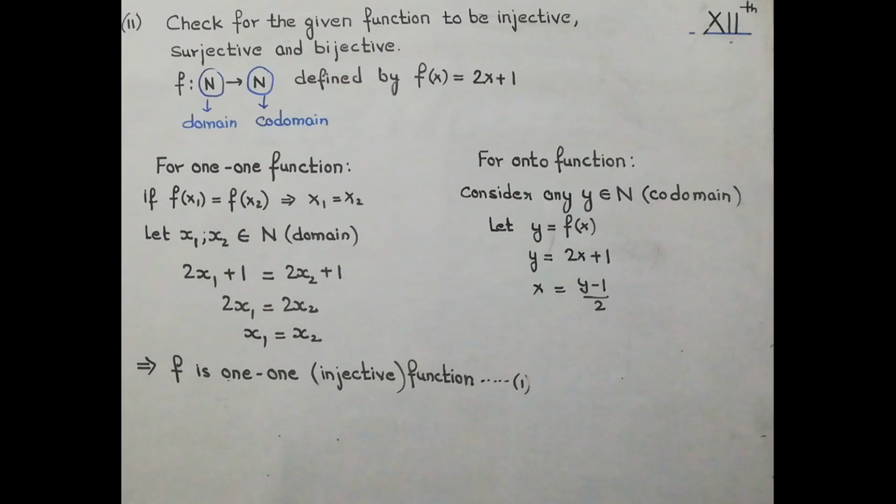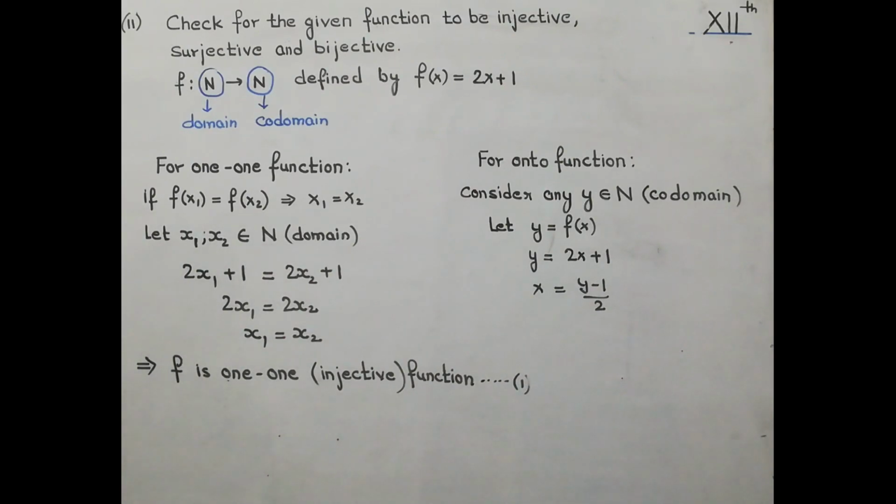It may be for few numbers, but if you consider natural number 1, if you substitute y is equal to 1, then you will be getting x as 0, which is not a natural number, right?